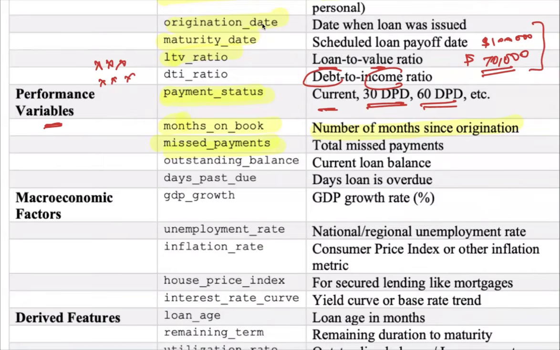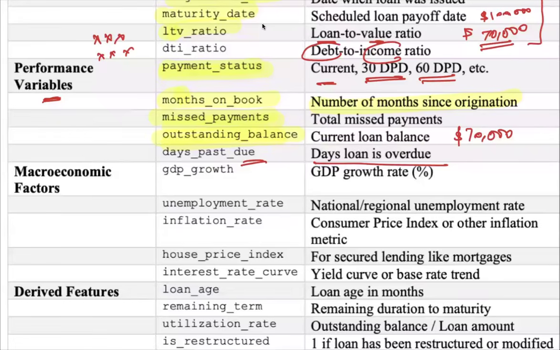Then outstanding balance. This is nothing but how much loan balance is outstanding. Let's say you have taken a $100,000 loan and you have paid $30,000. So how much is outstanding? This is a $70,000 loan. Days past due is nothing but how many days the loan is overdue.